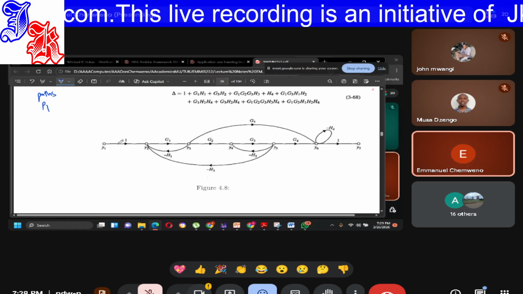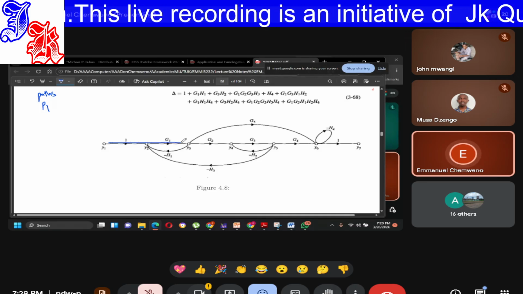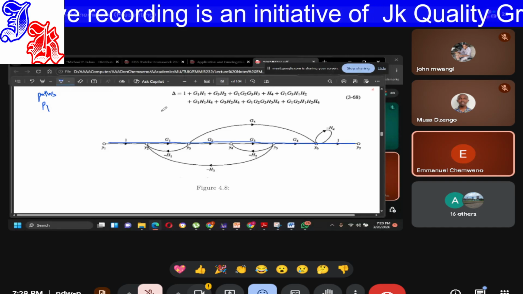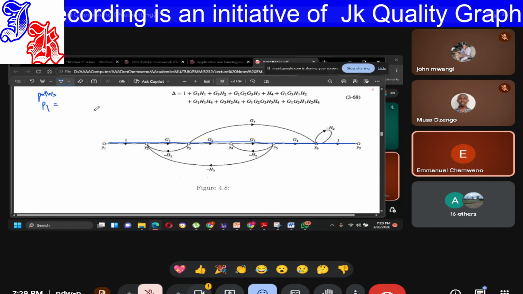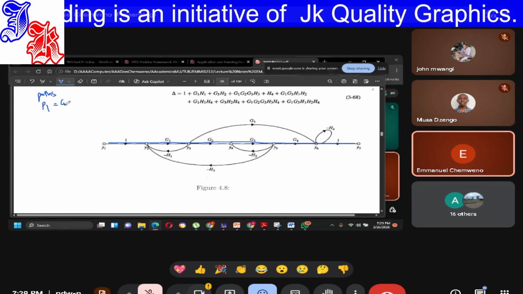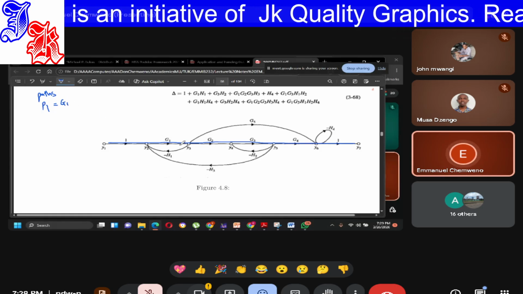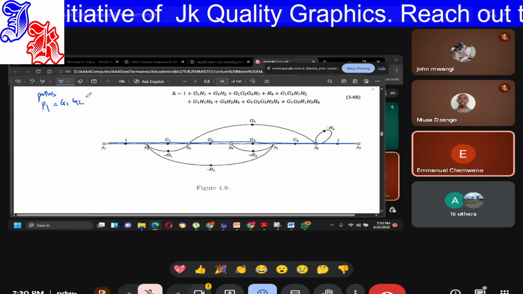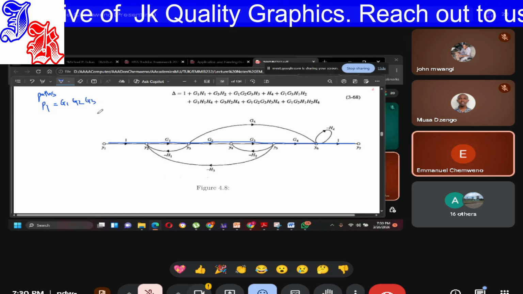P1 is this. You go forward, forward, forward, forward, forward. So we have one path, which is G1, G2, G3, G4.